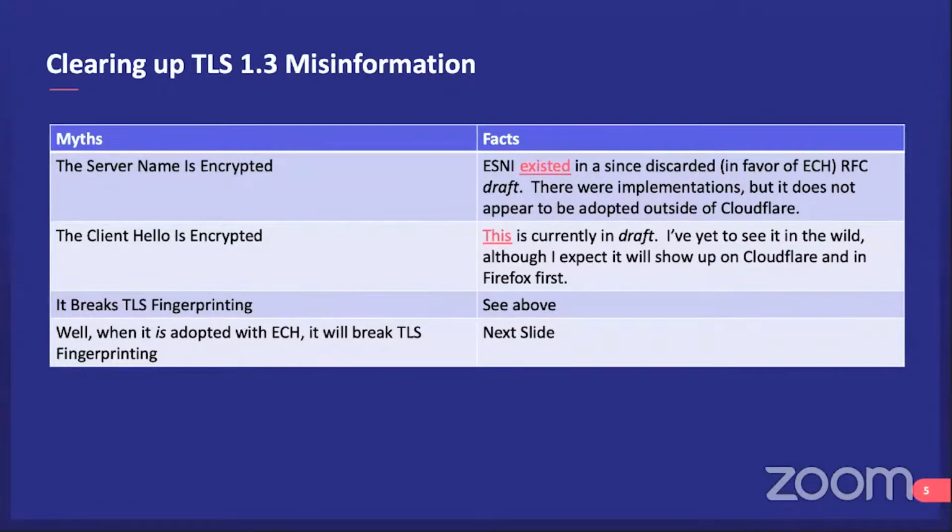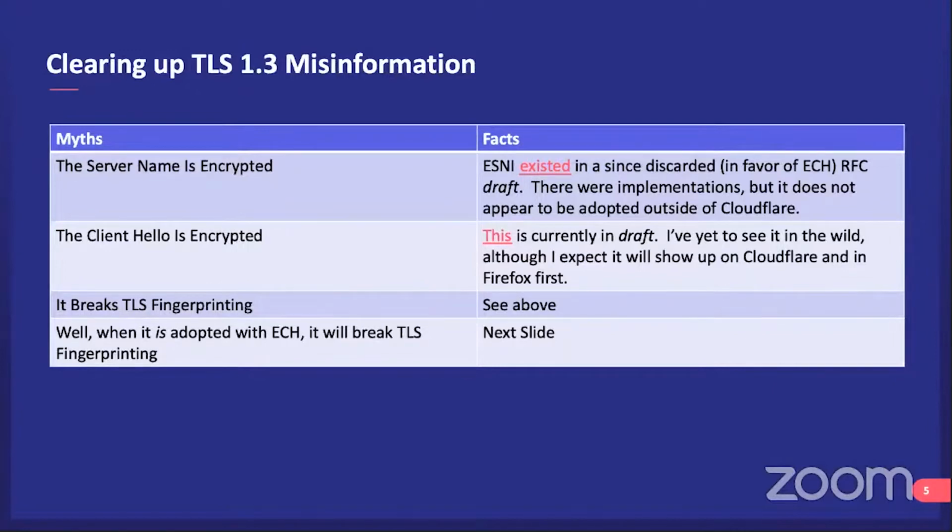So the first one is the server name is encrypted. The screenshot that you saw was an example of an encrypted SNI packet, looking at it in Wireshark. That was captured by using basically the ESNI tester with Firefox and Cloudflare.